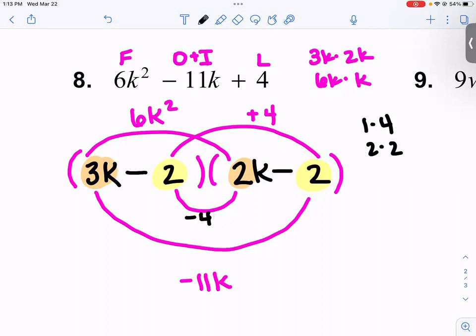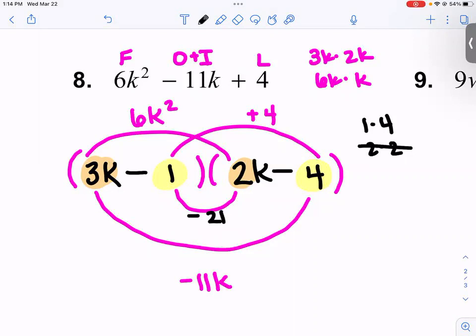Let's do 1 and 4. Okay, you want to do 1 and 4? Okay. So this times this would give us negative 2k. This times this would give us negative 12k. No, it's not. Because 1 and 4 being here is not the same as if we switch them places.